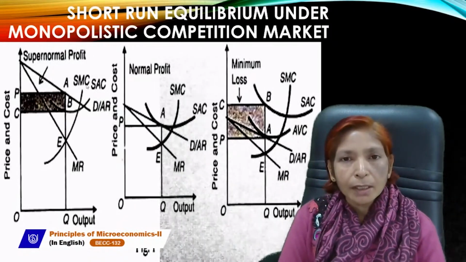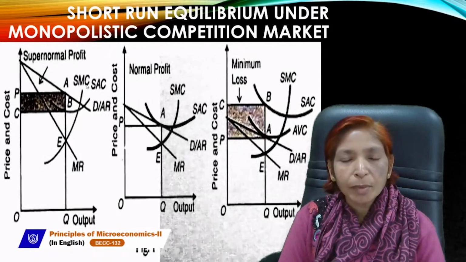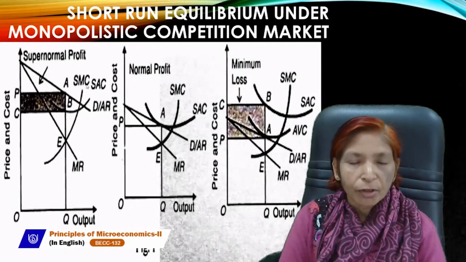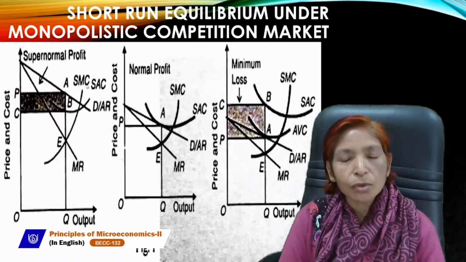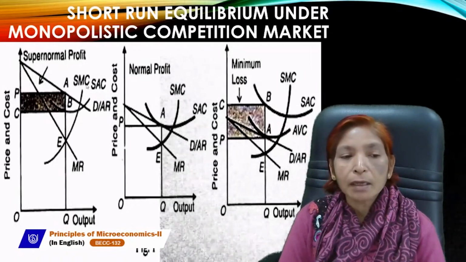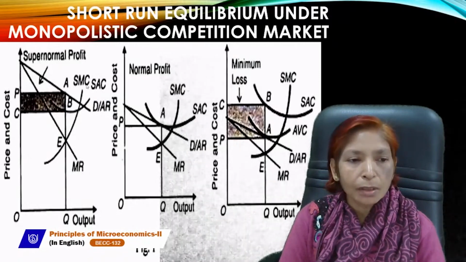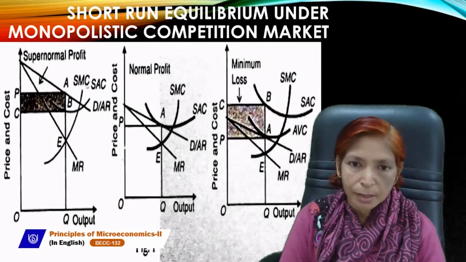Now, in the short run, the second approach of equilibrium is the MR-MC approach, where MC is equal to MR and MC cuts MR from below. That point is called the equilibrium point.